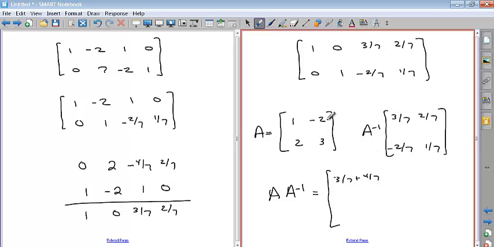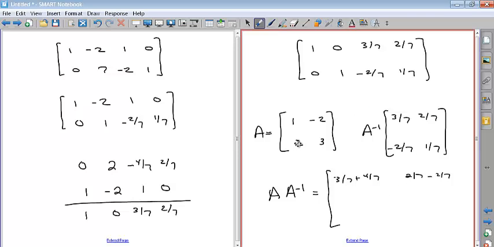This one up here, now we have to take this times that. So you get 1 times 2/7, so you get 2/7. And -2 times 1/7, so you get -2/7. So this times that's 2/7, this times that's -2/7.